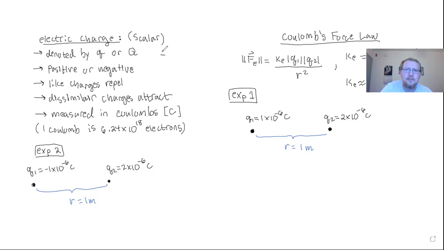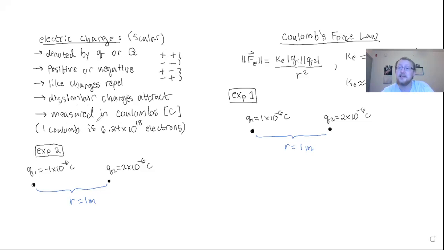Positive will repel positive, negative will repel negative, positive will attract negative, and negative will attract positive. So these are all the possible configurations. There's 4 permutations there. And the units that we use for electric charge are coulombs, named after Charles Augustin de Coulomb.